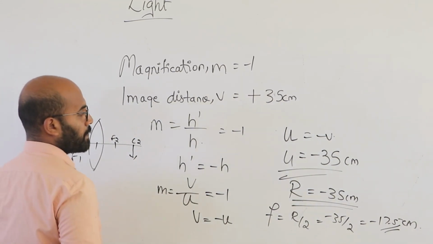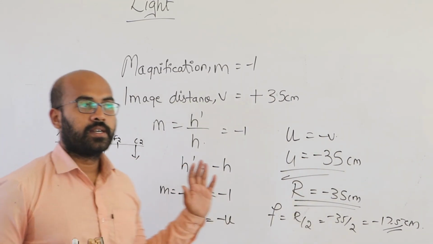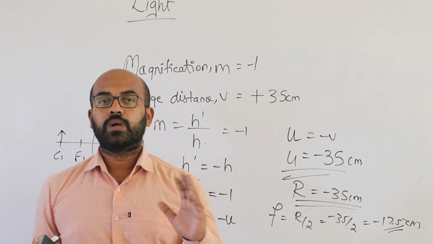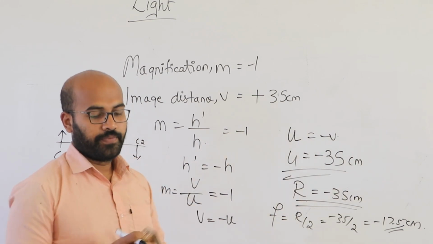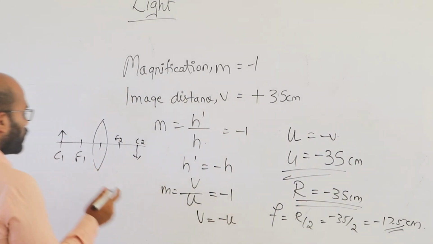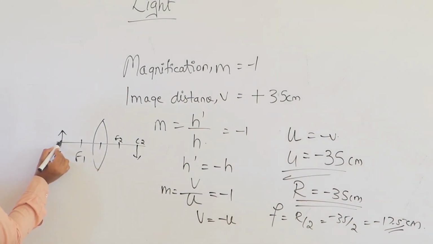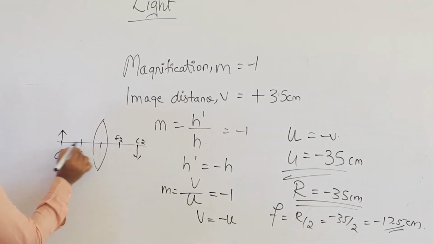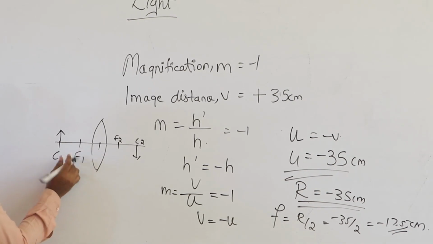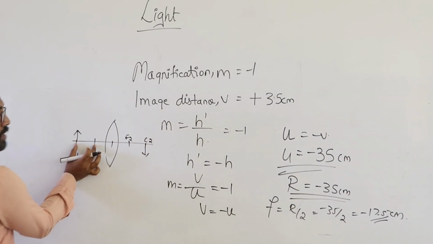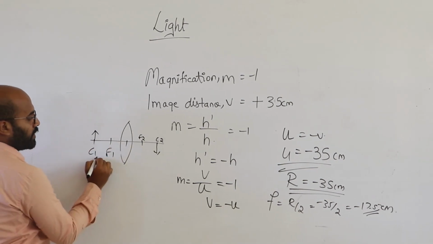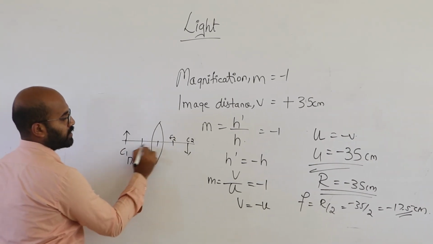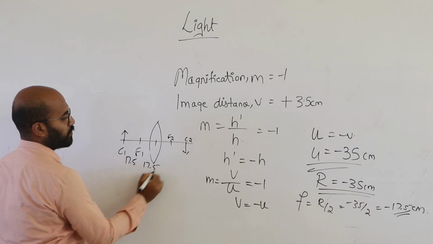With this, when the object is displaced 20 centimeter towards the optical center, initially it was 35 centimeter. So when I move the object 20 centimeter towards the optical center, this distance is 17.5 centimeter, and similarly this distance is also 17.5.